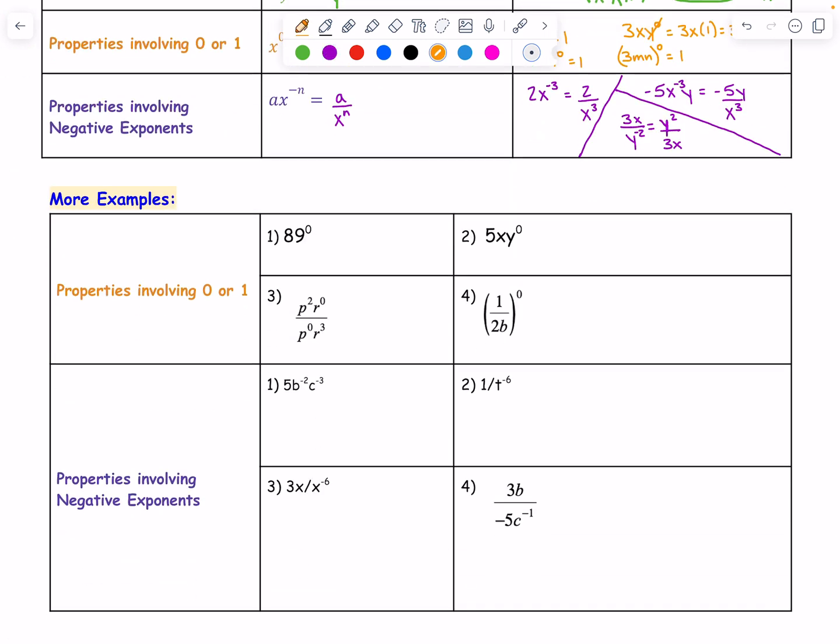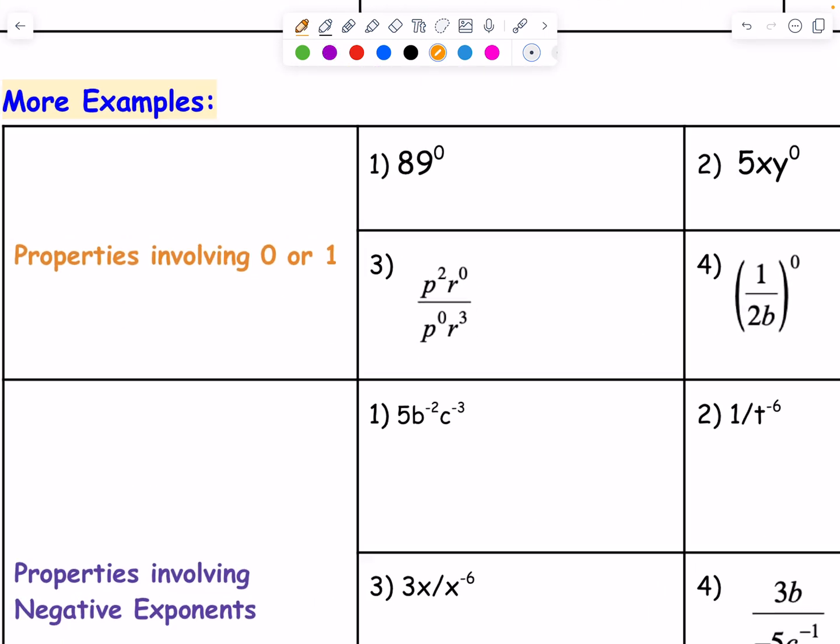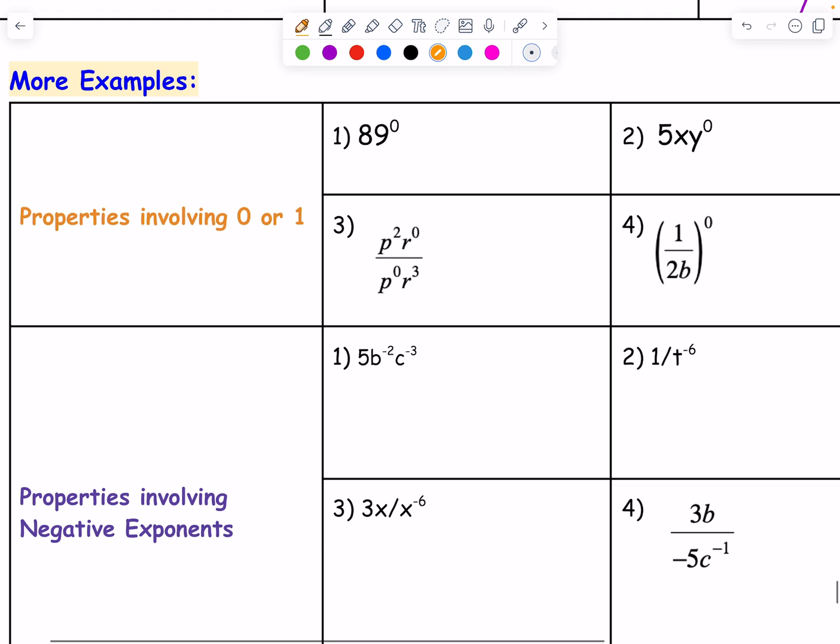So a few more examples involving 0 or 1. Number 1 says 89 to the 0 power. So that would just equal 1. Number 2 says 5xy to the 0 power. So y just equals 1, and you're just left with whatever else is there, which is 5x for this example. Then number 3 has p squared times r to the 0 power over p to the 0 power times r cubed.